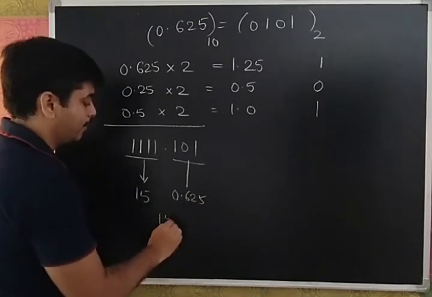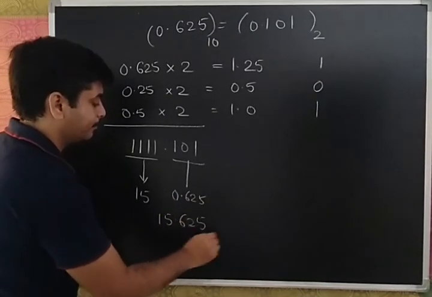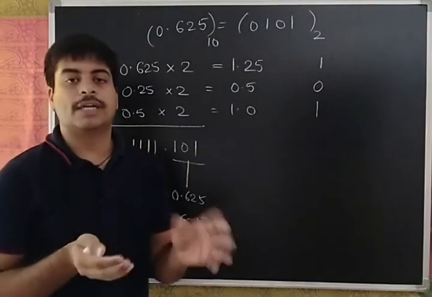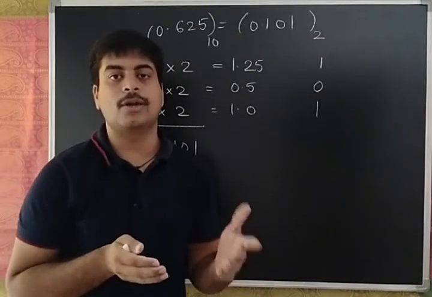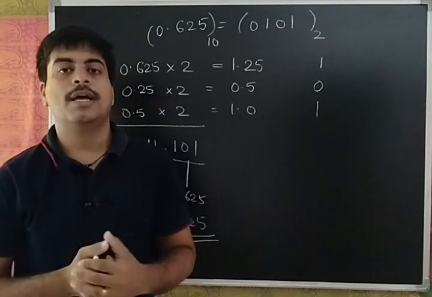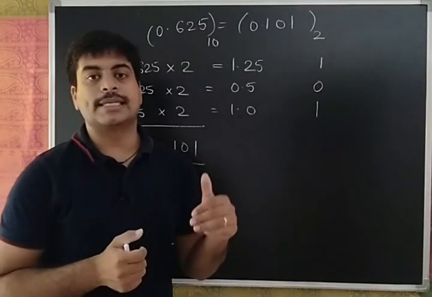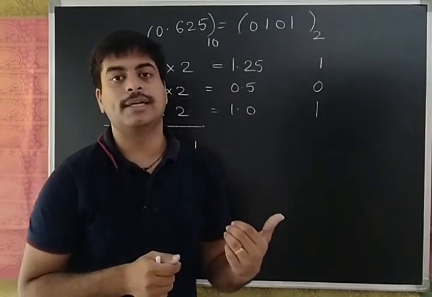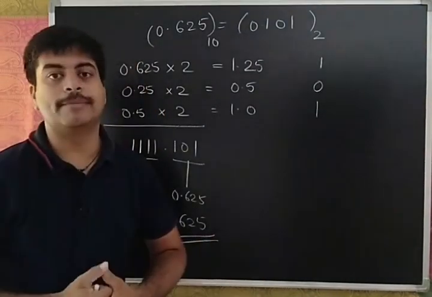So it is 15.625. So this is about the basics of how to convert a binary number to its decimal or decimal to its binary number. In the next lecture, we will be discussing the algebra of the binary system, that is addition, subtraction, multiplication and division. Thank you so much. We will meet in the next lecture.